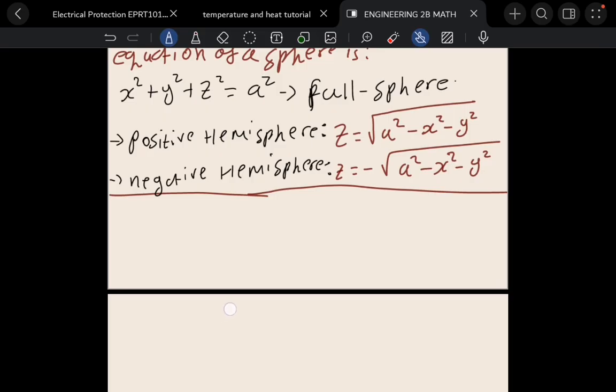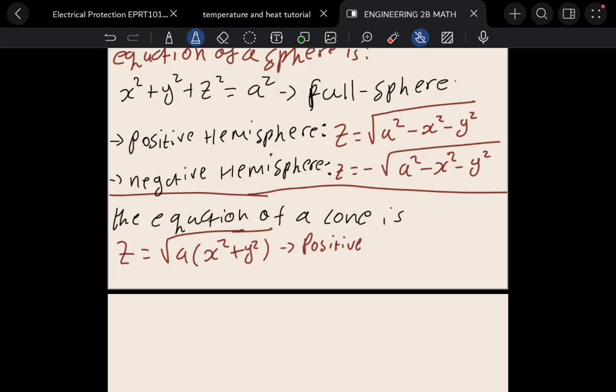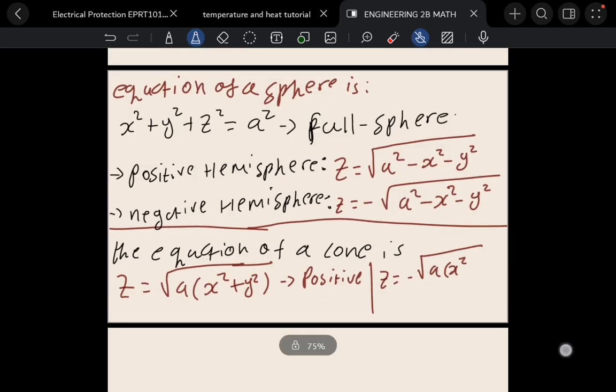So the equation of a cone is z equals the square root of a in bracket x squared plus y squared. This one is the positive cone. And if you have z equals minus the square root of a in bracket x squared plus y squared, this one is going to be negative.